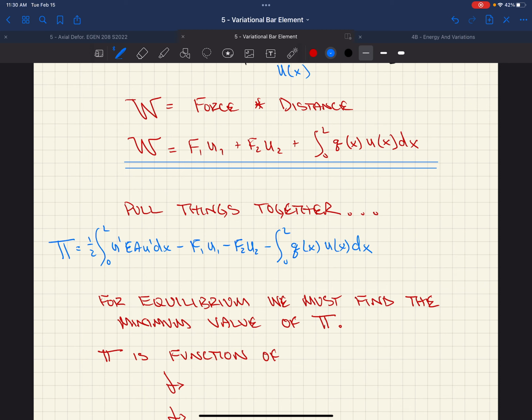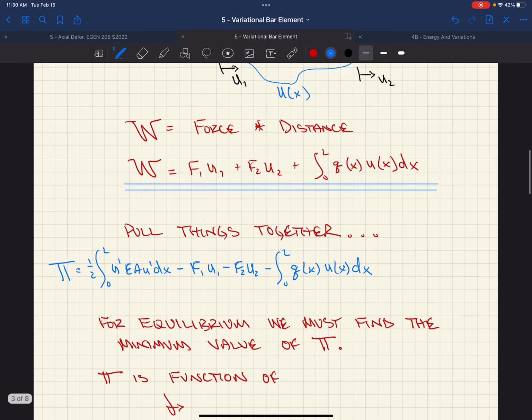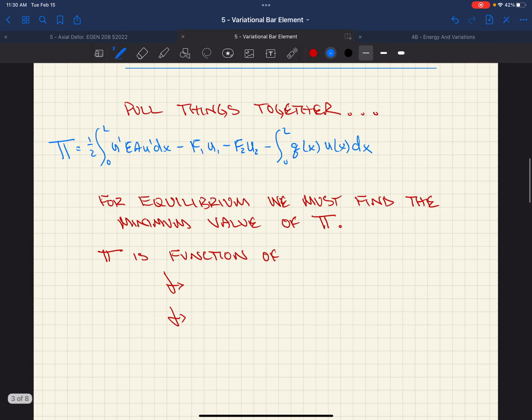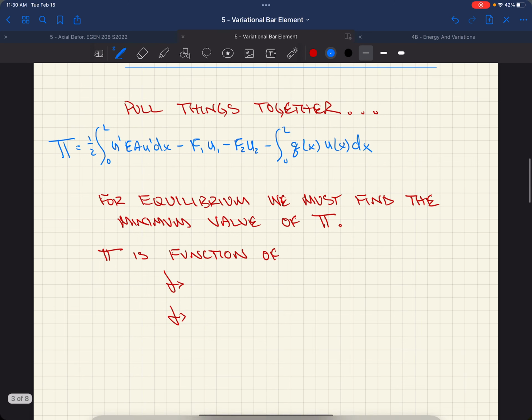We want to find the minimum value of our total potential energy, or our stationary potential energy. But pi is a function of definite integrals, right? Ordinary calculus minimizes functions. Well, we know variational calculus.